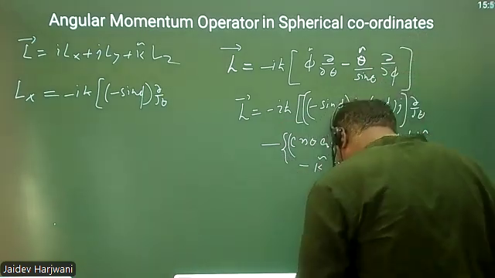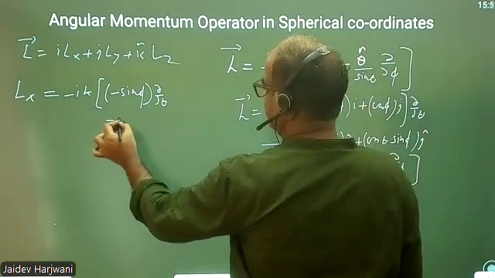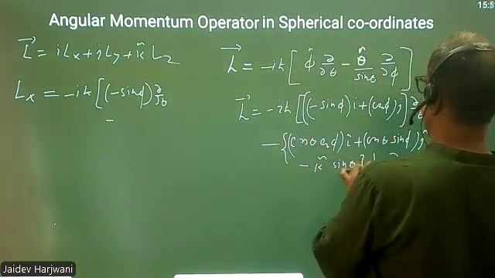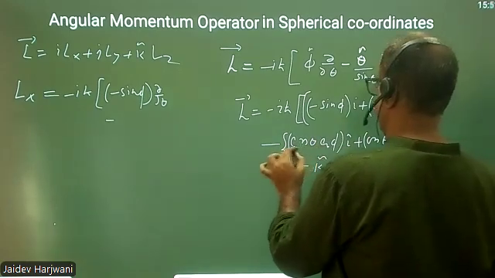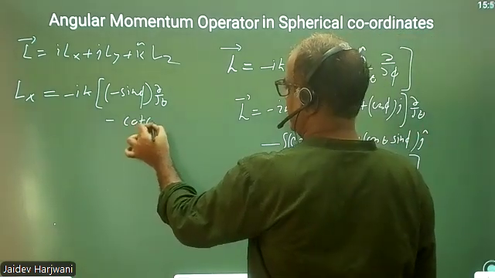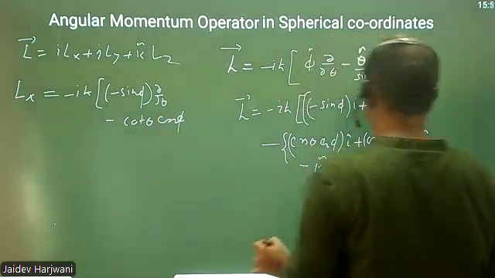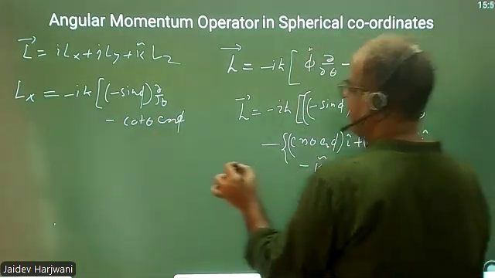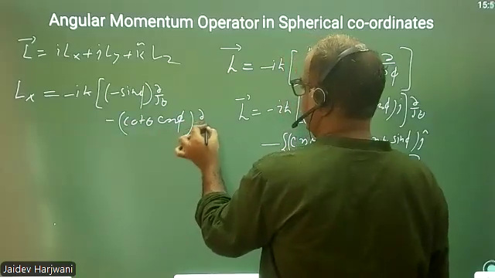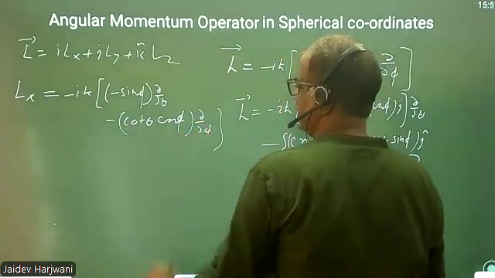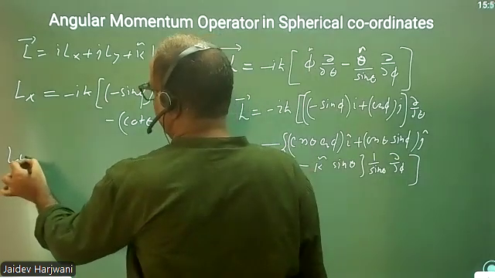Let me check it. This will be minus: cot theta cos phi, and then you have del upon del phi. This is your Lx.